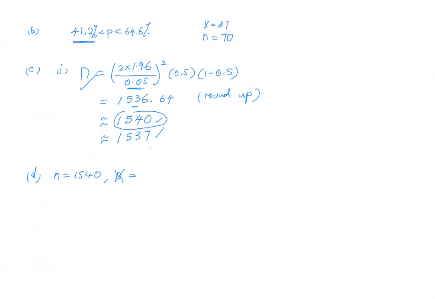Can someone tell me what is the x? Hello, what is the x? 804. Yeah, so what you need to do is 52.9 divided by 100 times 1540, correct? Yeah.